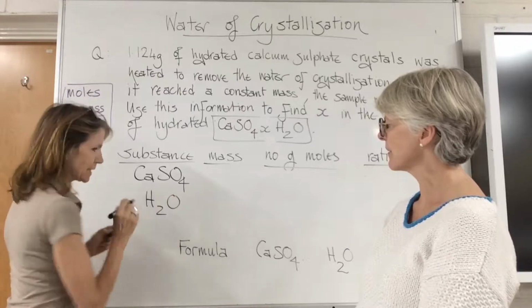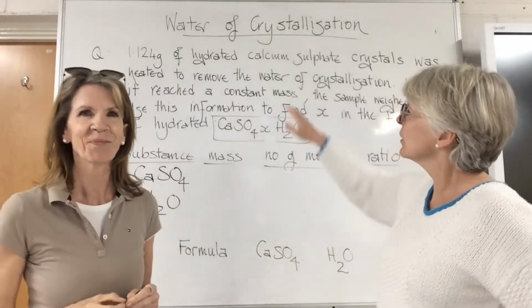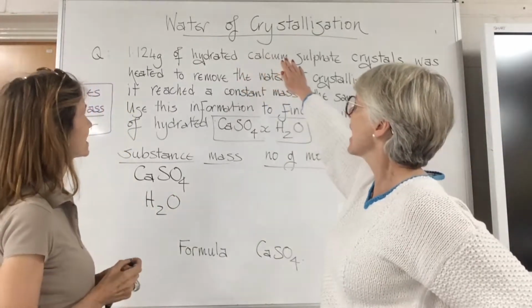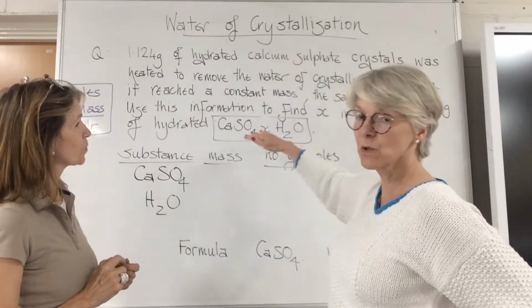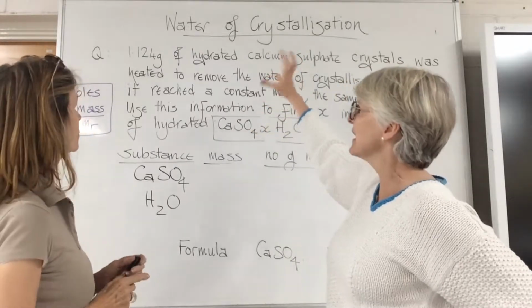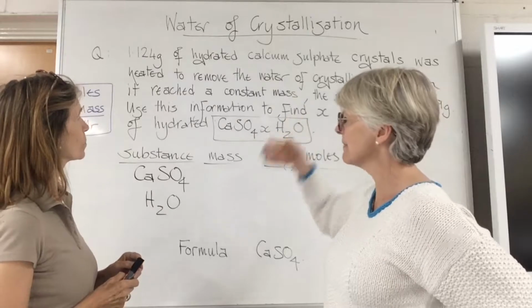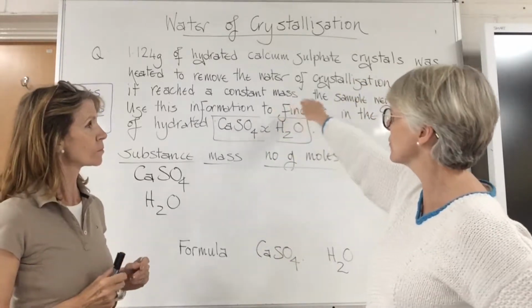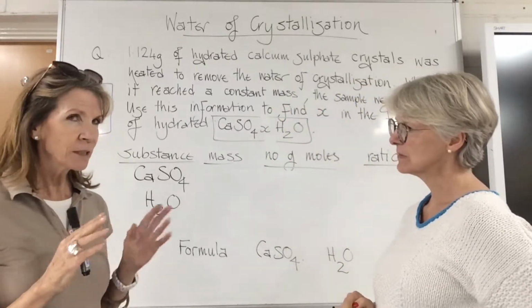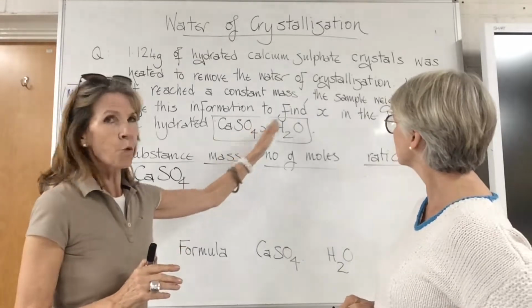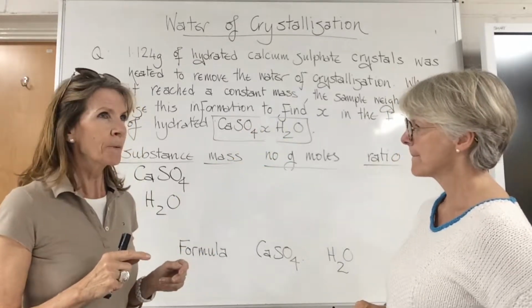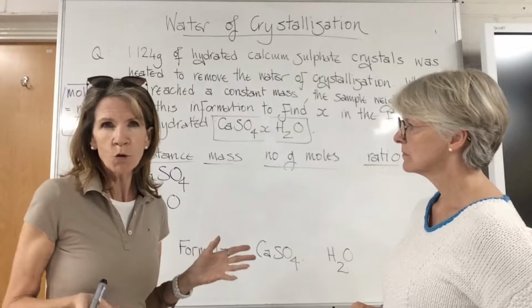Now in the question, you're going to be given the mass of the hydrated salt. That's the mass with the water attached. They will then heat it to constant mass. Miss McLaren, why do you think they mention this constant mass? Because if you heat it, water's driven off, but you might not have driven all the water off. Exactly.